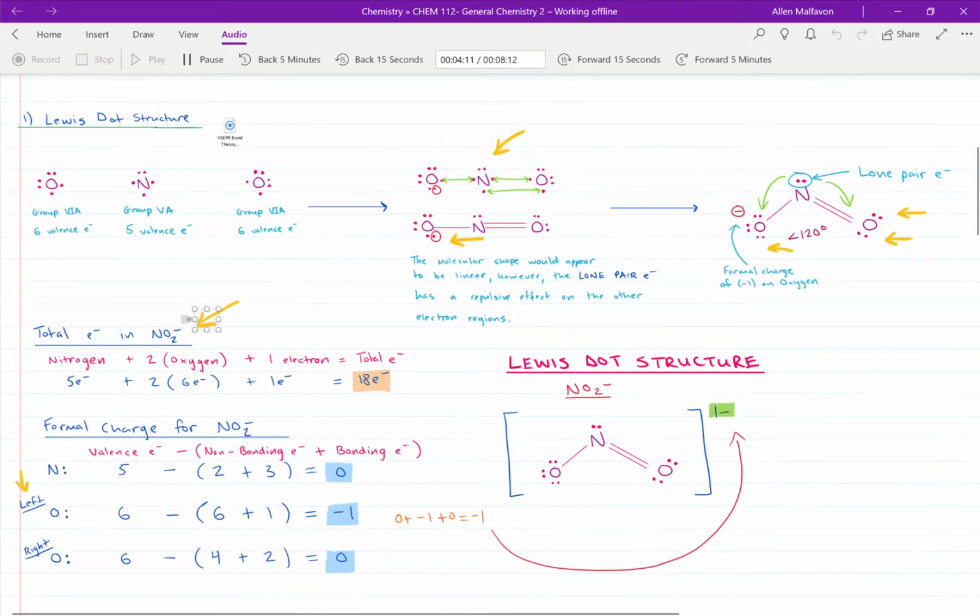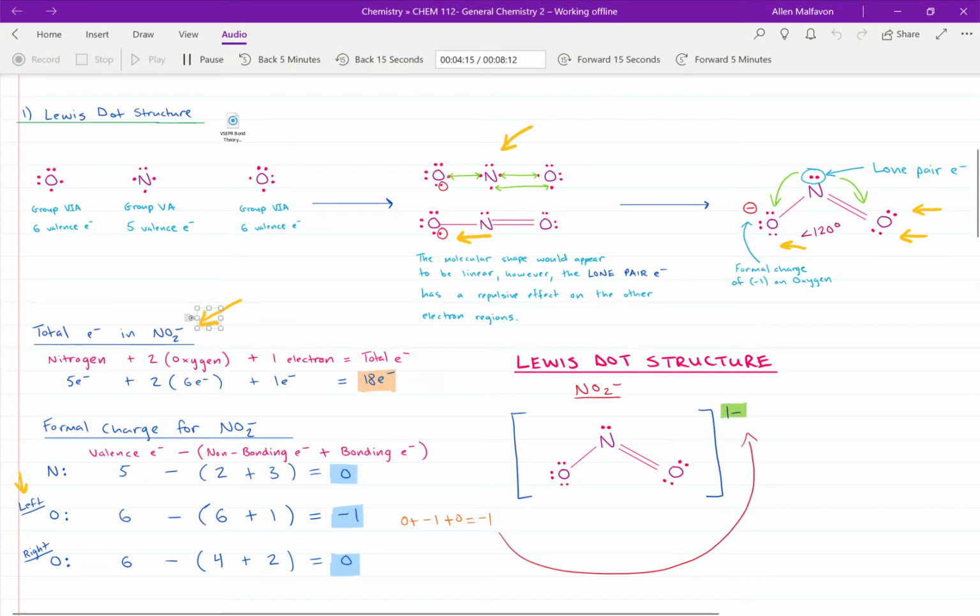In the case of nitrogen, nitrogen has 5 valence electrons, and we deduct the sum of the non-bonding and bonding electrons, which would be the 2 non-bonding above it and then the three bonding pairs. We have one to the left of nitrogen and two to the right of nitrogen. Another informal way is to remember it as valence minus dots minus dashes.